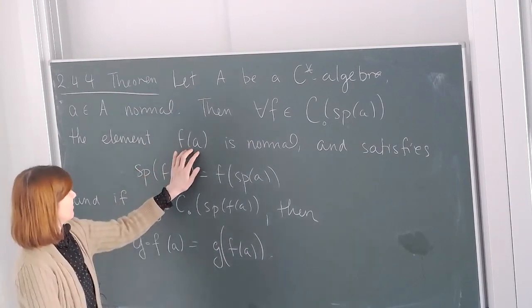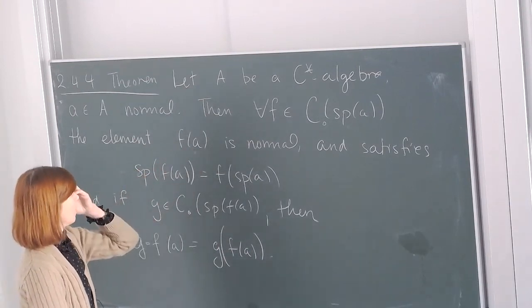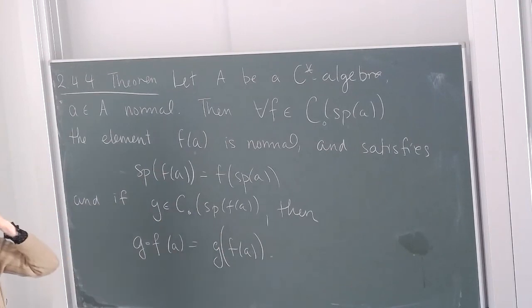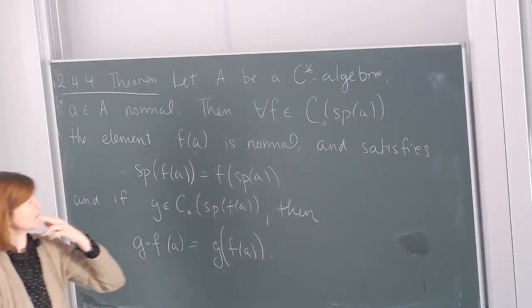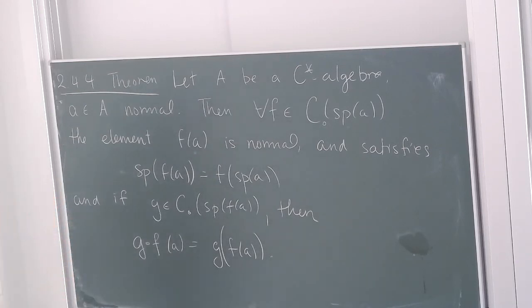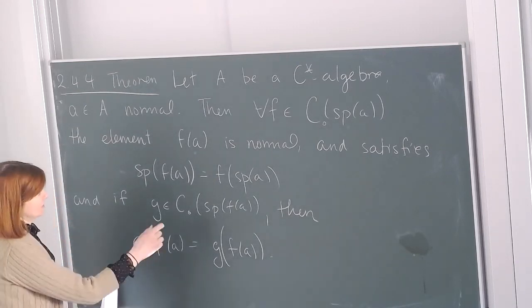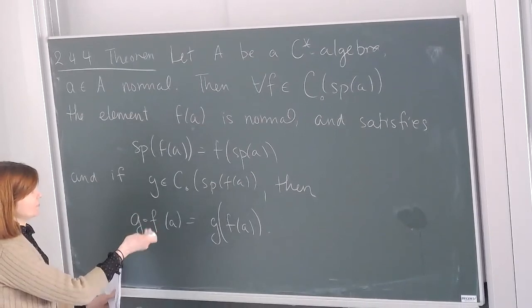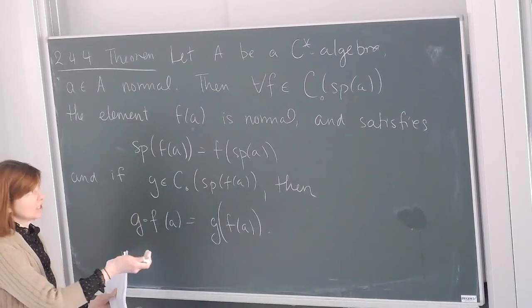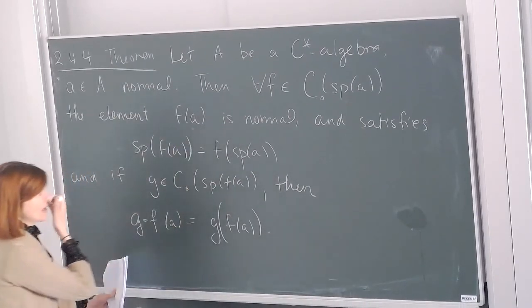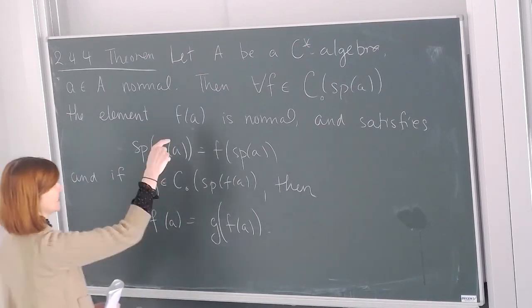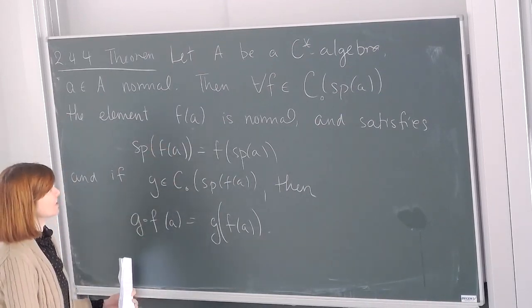Okay, so I need to justify this notation. Recall that we had this polynomial mapping theorem in maybe even the first lecture, which said that if you have an element, it makes sense to consider the polynomial with A plugged in for the indeterminate.